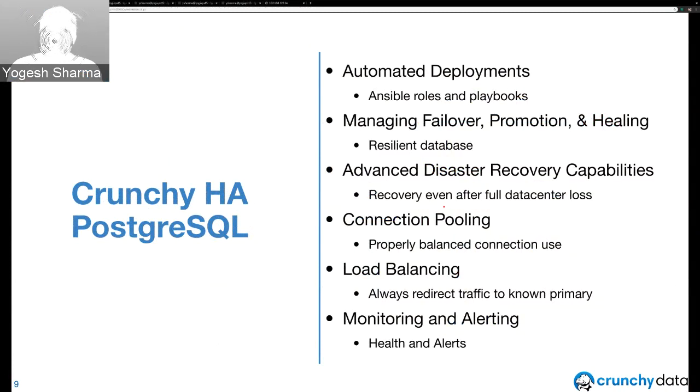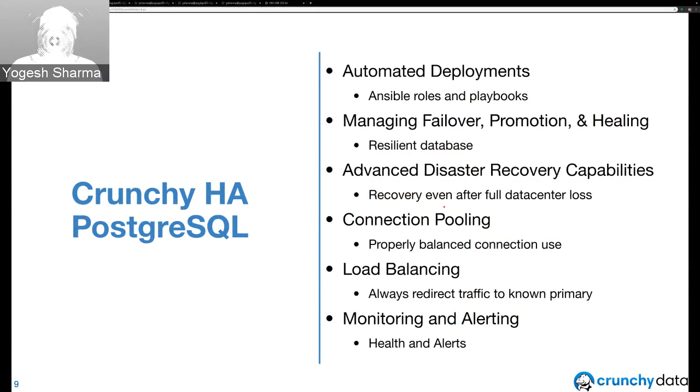As you all know, Ansible allows you to do automated things. That means we have created roles and playbooks, and they are going to help us deploy all the components. With Crunchy HA PostgreSQL, you also get a resilient database because automatic failovers are there.